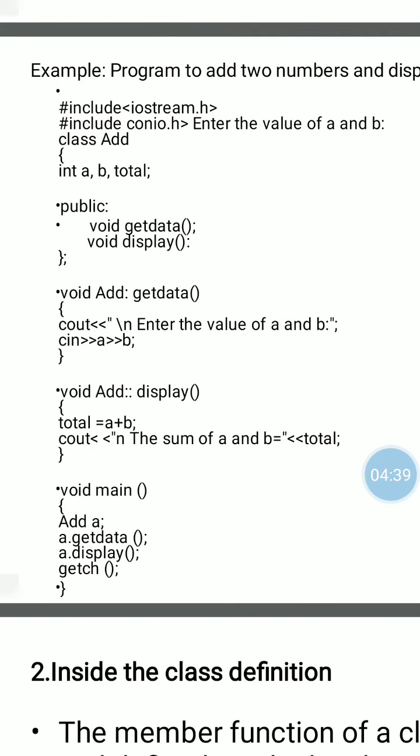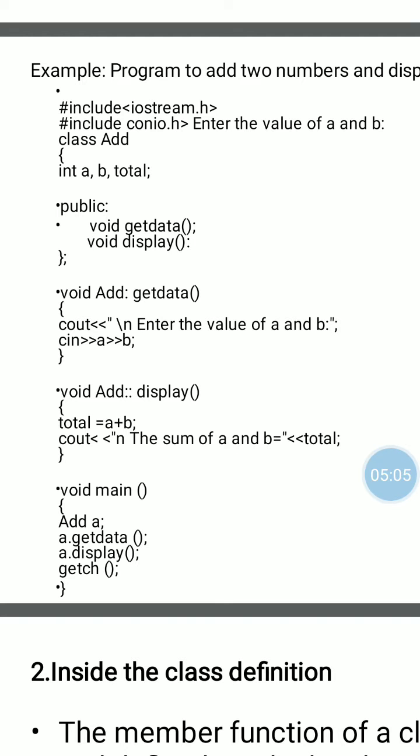Next, void add scope resolution operator display function. Here the scope resolution operator is right, but in getdata there is a mistake in the scope resolution operator symbol. So solve this mistake. Void add scope resolution operator display.